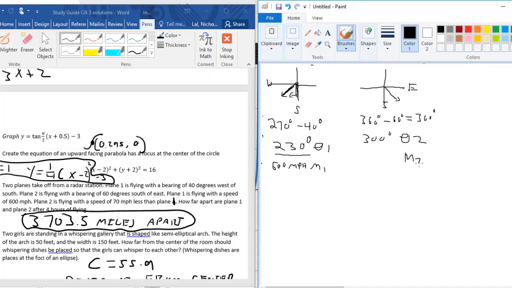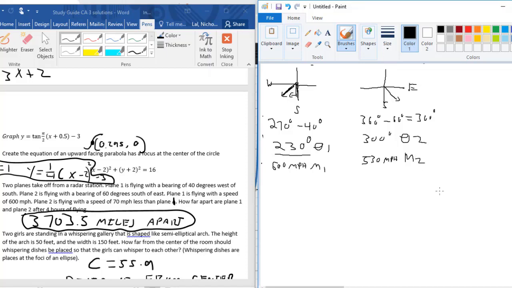Plane 2 is flying at a speed of 70 miles per hour less than plane 1. So 600 minus 70 is going to be 530. So 530 mph, that's the magnitude of plane 2.